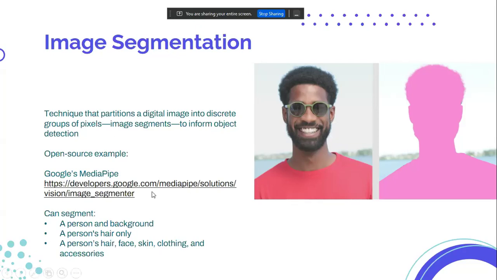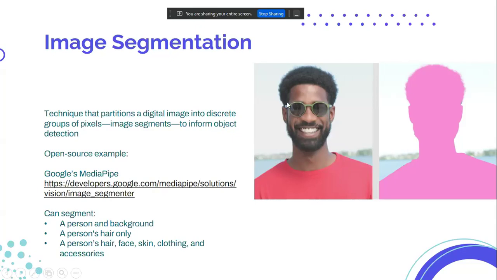For an open source example, again I'll refer you to MediaPipe, and I'll let you know why I'm referring you to MediaPipe for this talk. In terms of image segmentation, it has more features. You can segment a person alone.